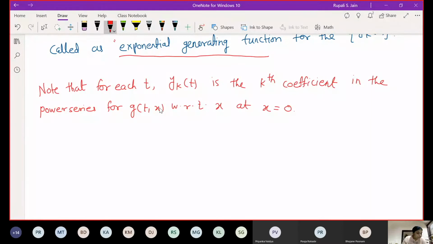Is that right? y_k(t) is the kth coefficient in the power series g(t, x) with respect to x at x equals 0.